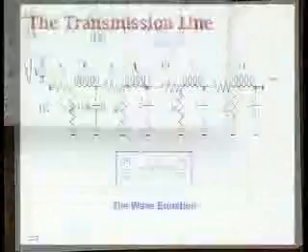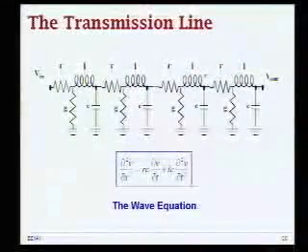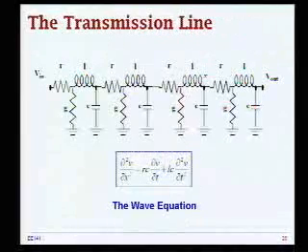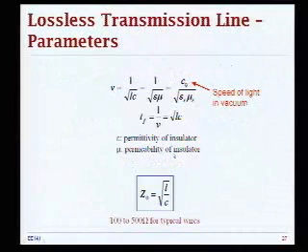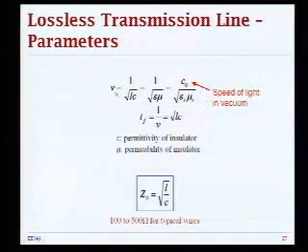So now let's switch back to slides. That's basically the wave equation over here. And you know that the propagation speed is equal to the speed of light in vacuum divided by the square root of the product of these relative constants.